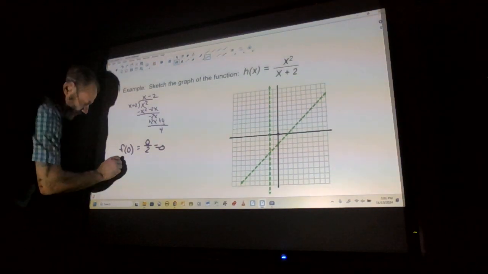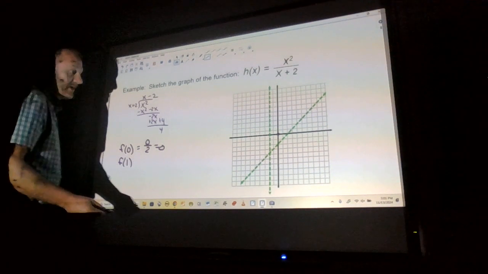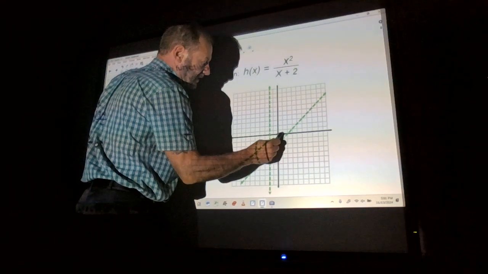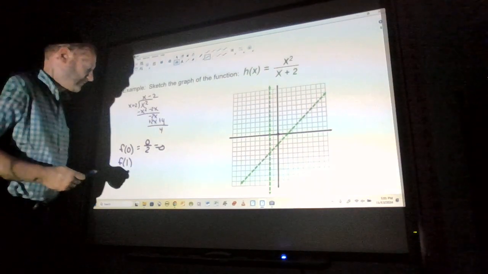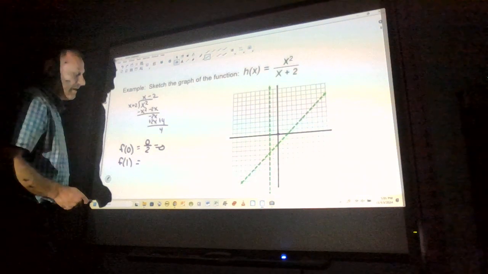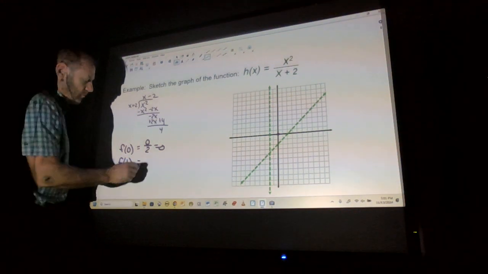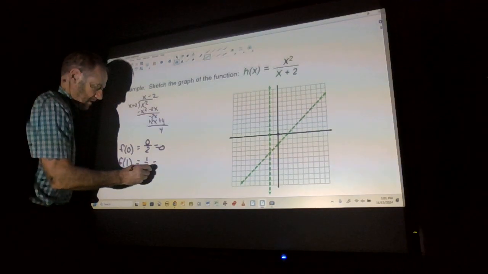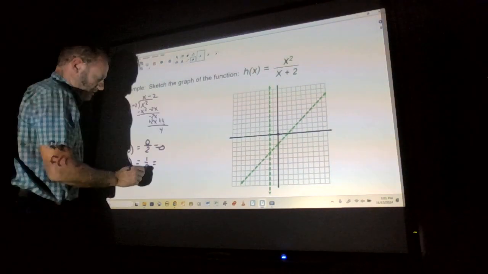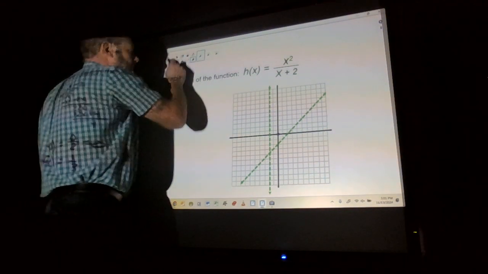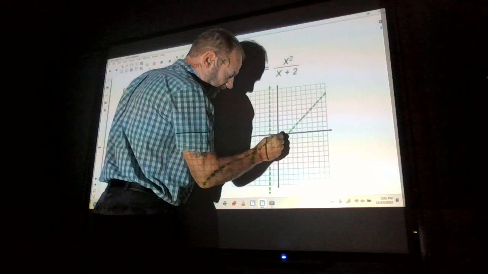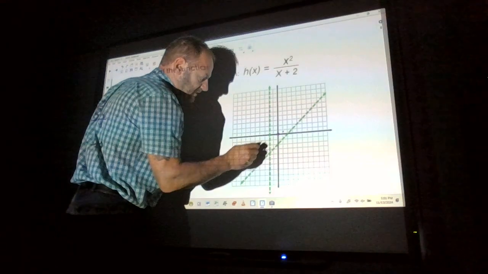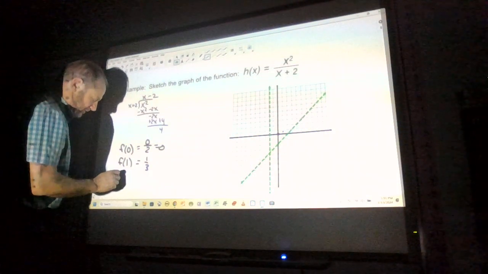I might do f of 1. Here's what I know it's going to look like. It's going to look something like this here, and something like that down here. So f of 1 would be 1 over 3, which is just 1/3. Okay, so that's going to be like right here. I might do -1, 2 just for fun.